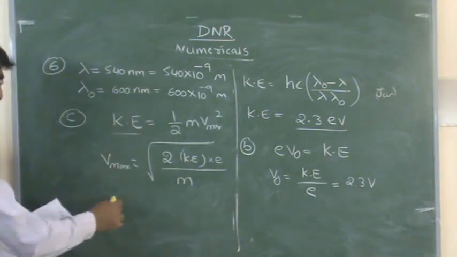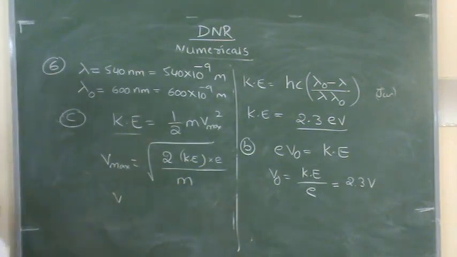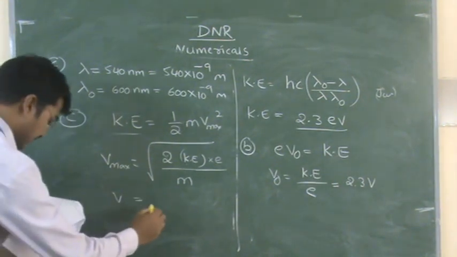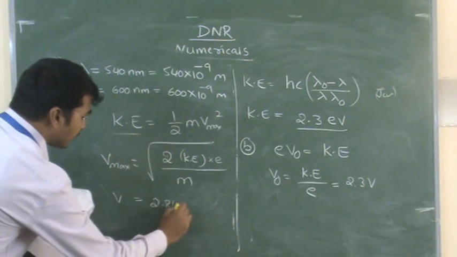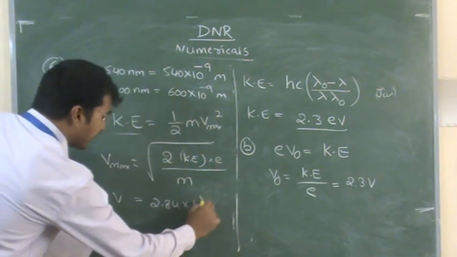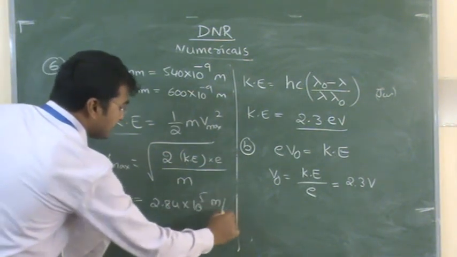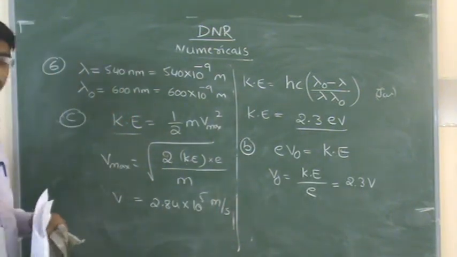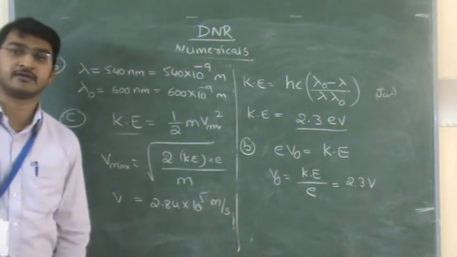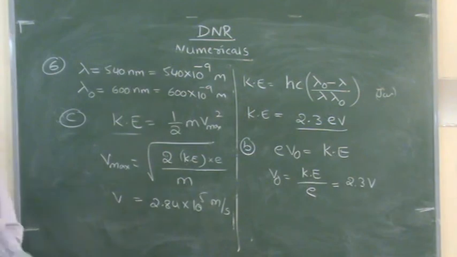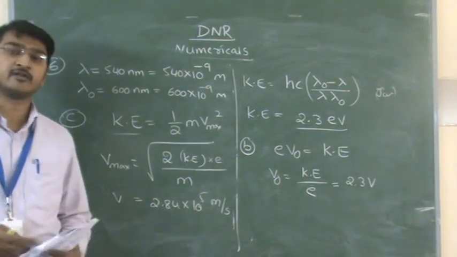Then you will get the V maximum. Make a note of it. You get V maximum as 2.84 into 10 to the power of 5 meter per second. Thank you for the session. We will continue next class.